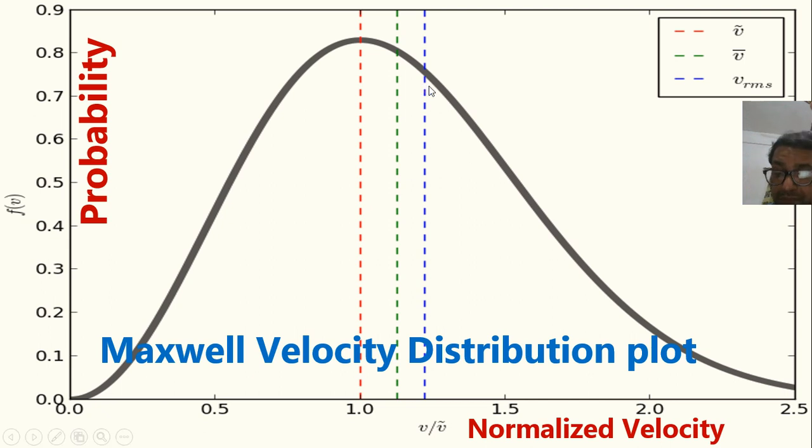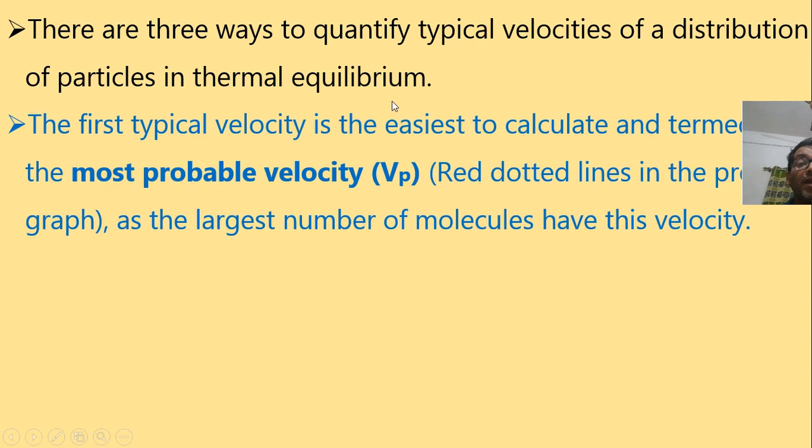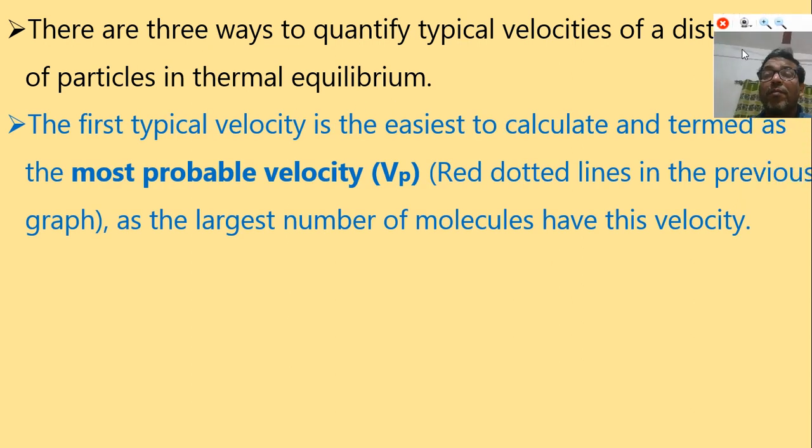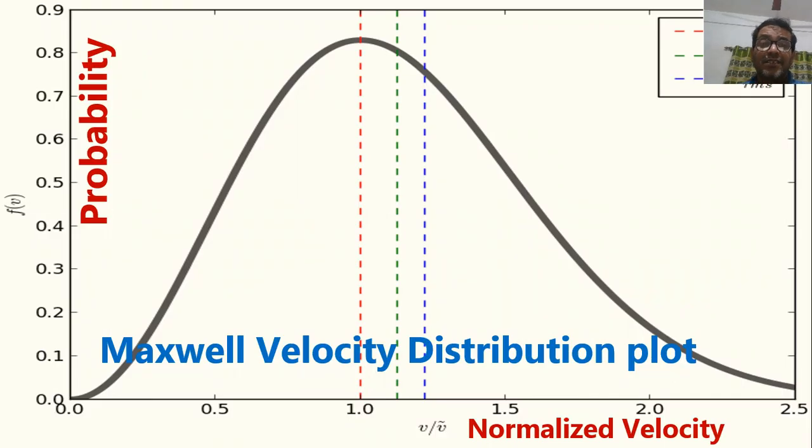Okay, now there are three ways to quantify the typical velocities of a distribution of particles in thermal equilibrium. One is, as I told you, the most probable velocity. What is the most probable velocity? Here you can see there is a term, most probable velocity. The first typical velocity is the easiest way to calculate. It is the red dotted line, which is the middle one, that will occupy the maximum speed.